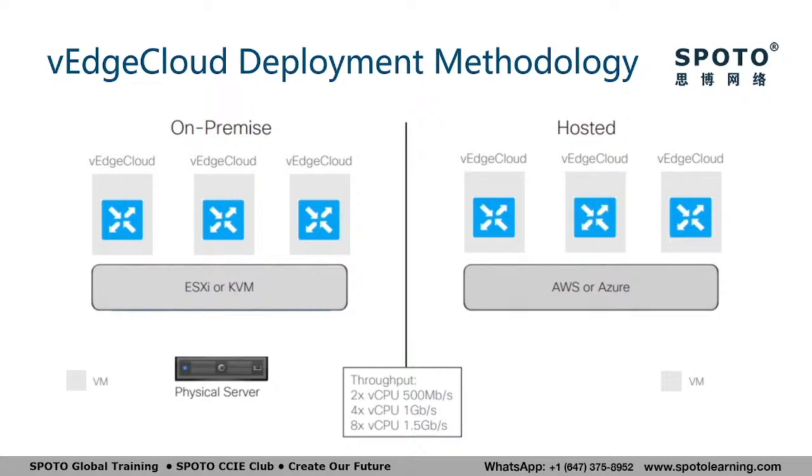It can also be used as a virtual private cloud, VPC, gateway for customers that have a workload residing in Amazon AWS.